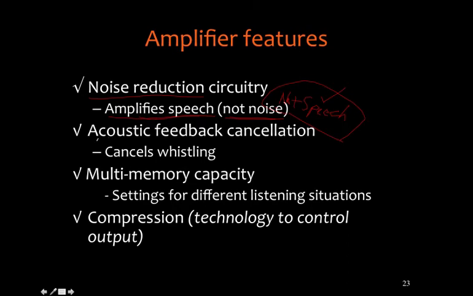Other features of digital processors that are useful, and you'll have some readings that support this as well, include something called acoustic feedback cancellation. In older hearing aids, years ago, you'd hear a whistling kind of sound caused by a person listening at high amplification levels. Digital processors have a much better way, called by a variety of different names, digital feedback suppression.